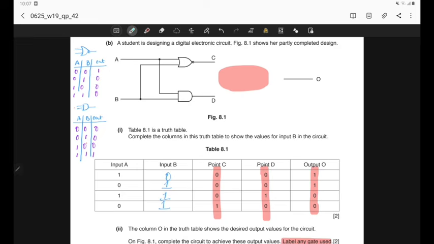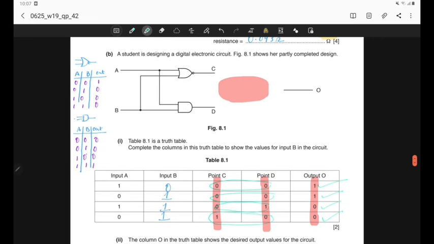So let's check which table we should use. When 0, 0 is the input, we should get 1. So same value for the second row also. And when 0, 1, we should get 0. When the inputs are 1, 0, we should get 0 again at the output. So this is the truth table of a NOR gate. As you can see, when 0, 0, we will get output 1.